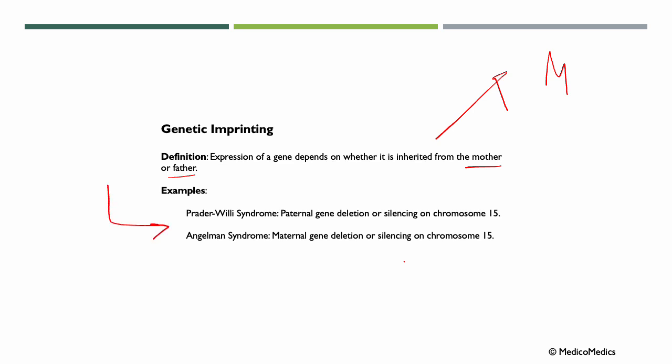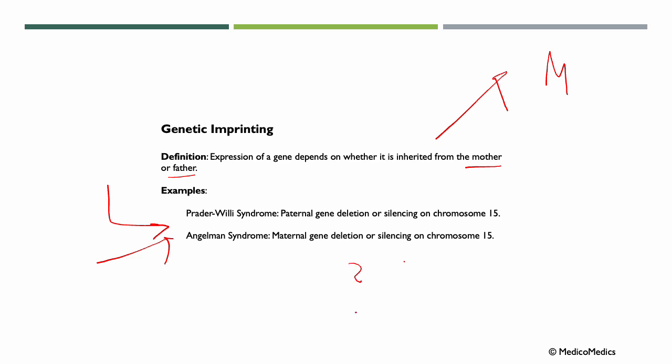Examples in humans are Prader-Willi syndrome, where paternal genes on chromosome 15 are either deleted or silenced, and maternal copies are naturally imprinted, so turned off, leading to developmental issues like obesity and cognitive impairment, etc. We have Angelman syndrome, where maternal genes on chromosome 15 are deleted or silenced, so paternal copies are imprinted, leading to neurological and developmental disabilities, etc.